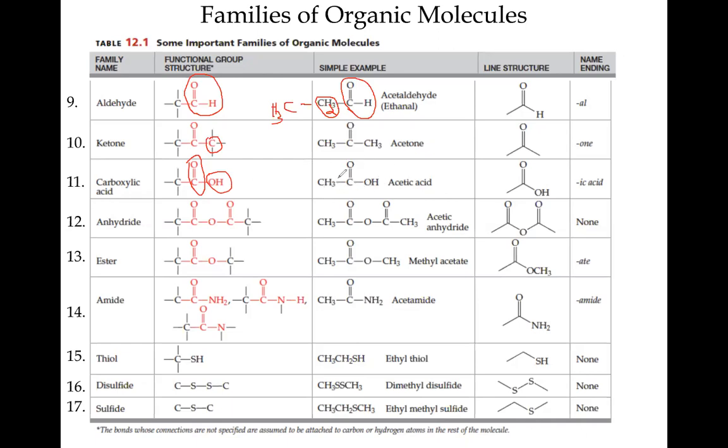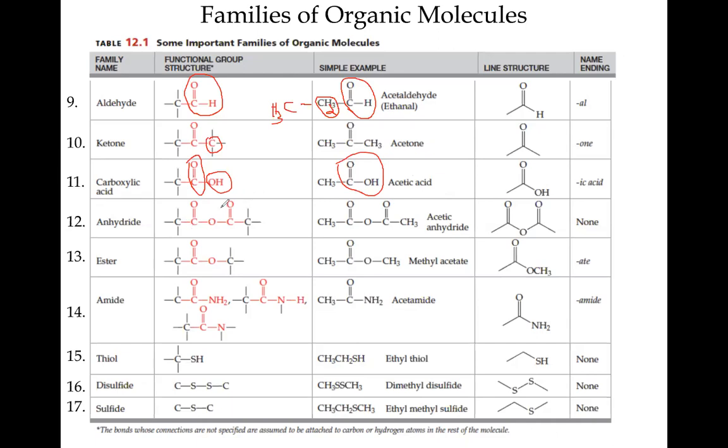So it's got that backbone, if you will, of carbon, double bound oxygen, and a hydroxyl group, and then just one methyl group here. And the suffix is -ic acid. So acetic acid or benzoic acid is how we name those.